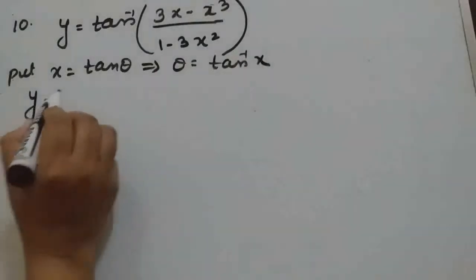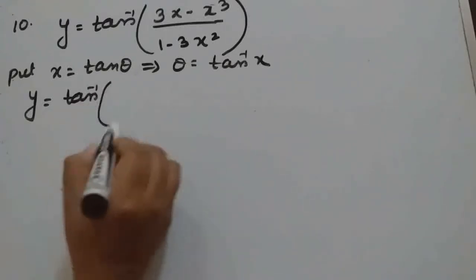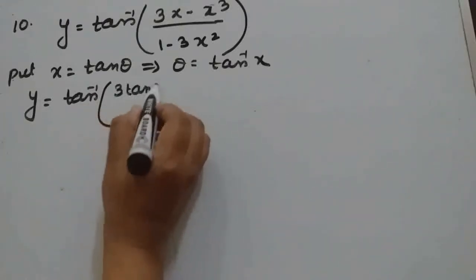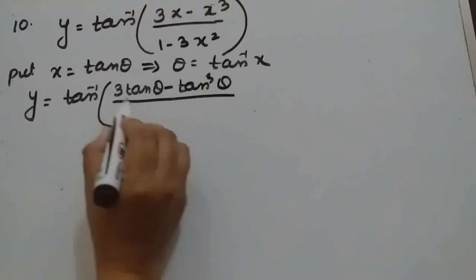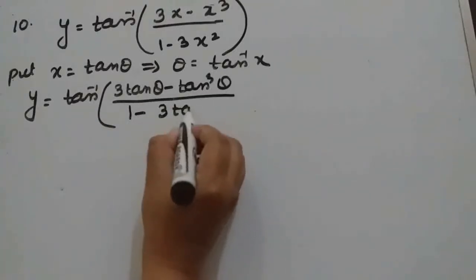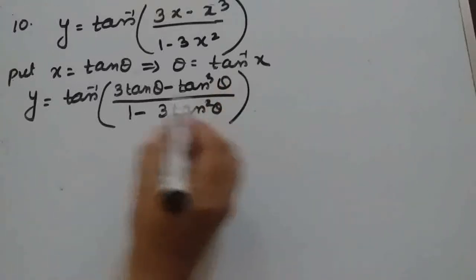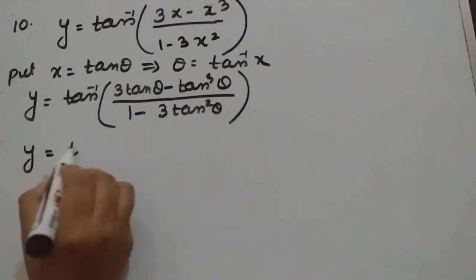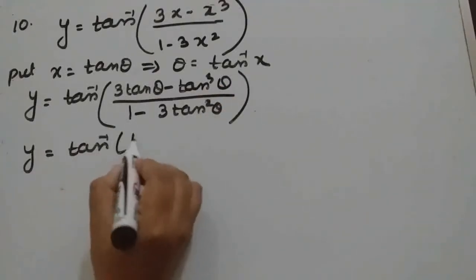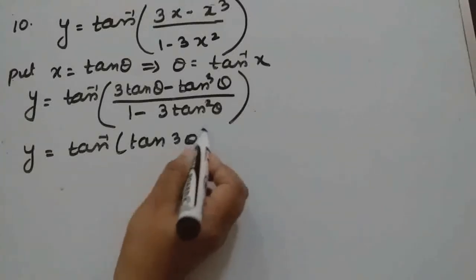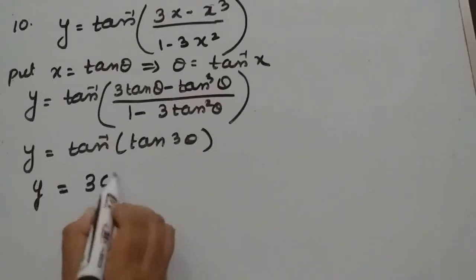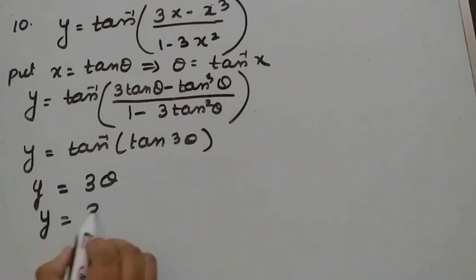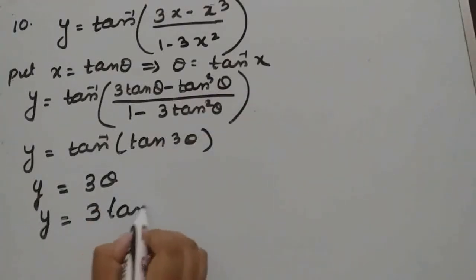So y will be tan inverse of 3 tan theta minus tan cube theta divided by 1 minus 3 tan square theta. So this gives the formula of tan 3 theta. Now using the inverse property, this will become 3 theta, where theta is tan inverse x.